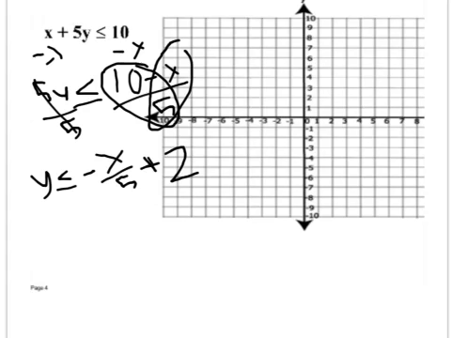What I do is I graph this. So my y-intercept is 2 because this, my b, is 2. This is negative 1 over 5. Means I go down 1 over 5. So I go up 1 to the left 5.